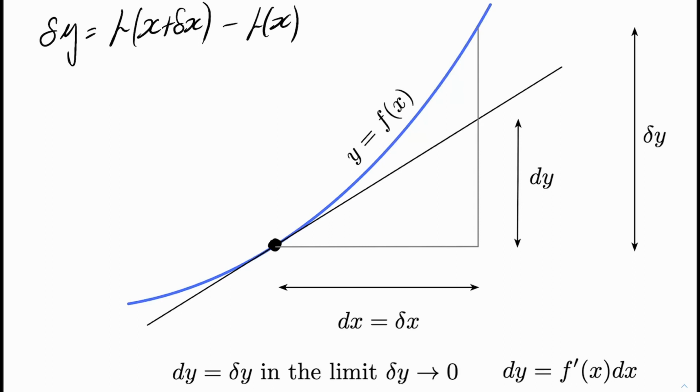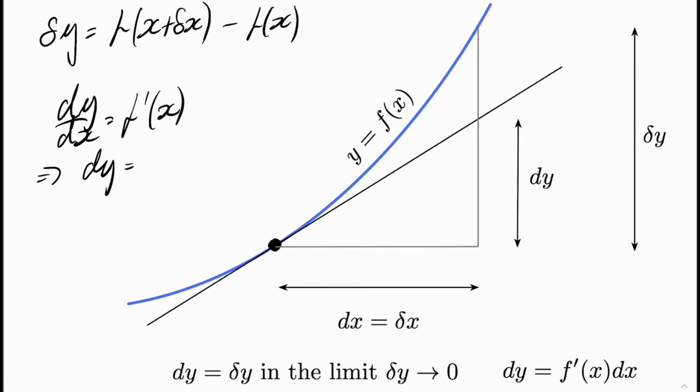is given by this distance in here. Where does this come from? Well, if I write down dy by dx is f prime of x, then that implies dy is equal to f prime of x times dx.